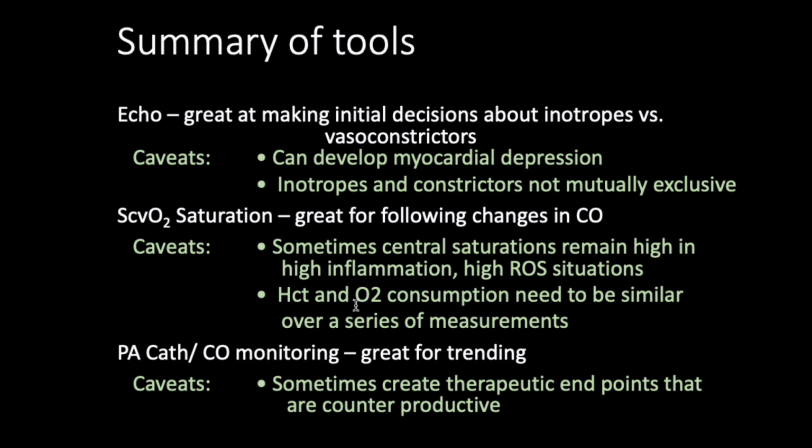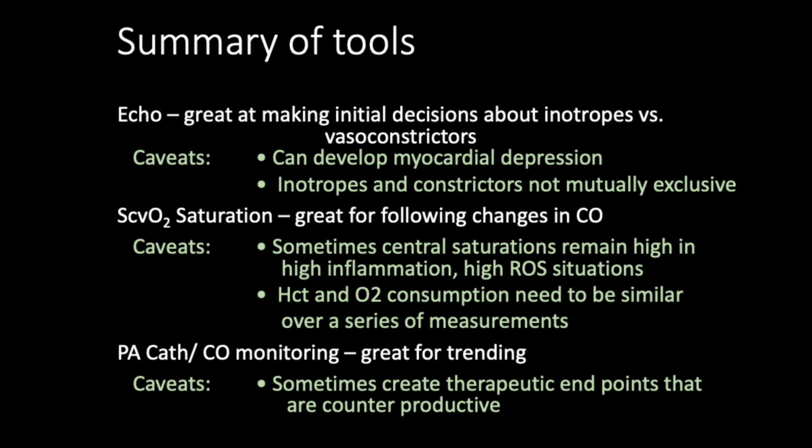So when the mixed venous or central venous sats are low and you see some changes fluctuating around these less than 70 measurements, say, then chances are they're pretty real. But oftentimes in critically ill patients, you'll just get measurements that are in the 70s that don't really change that much with what you're doing.